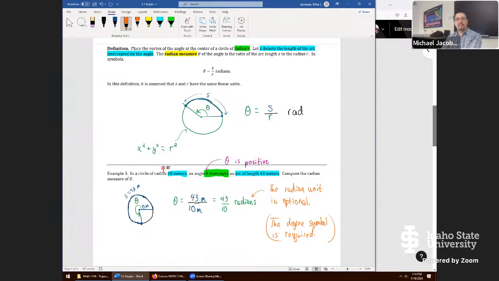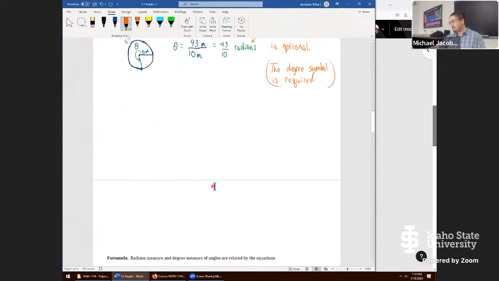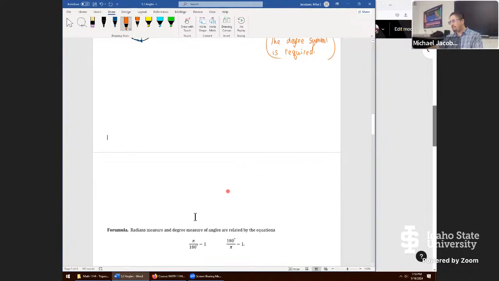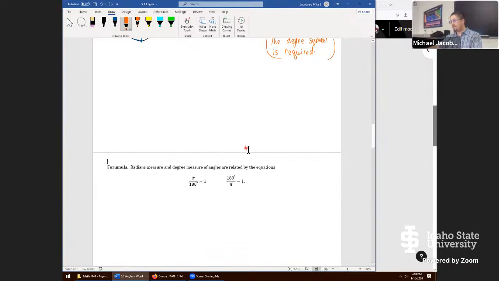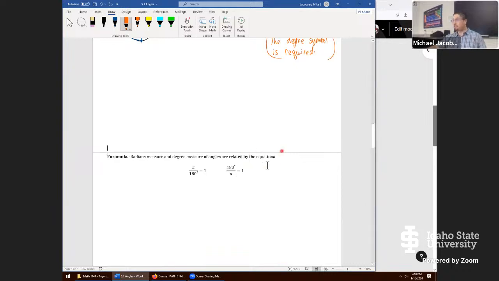If we're going to get that conversion factor, practice some conversions, some quick concepts, and that'll be the end of these notes here. So this is what radian measurement looks like. And down below, I have a conversion factor. It just says formula. Radian measure and degree measure are related by these two equations.